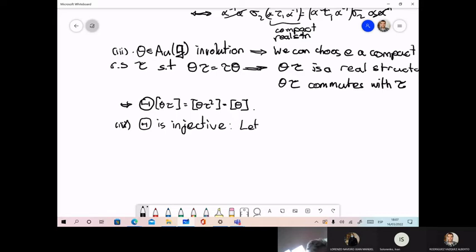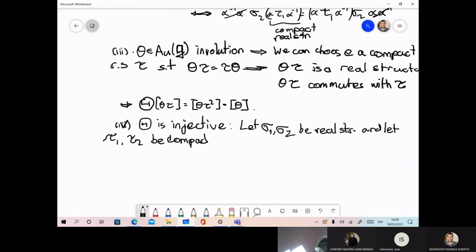So let sigma 1 and sigma 2 be real structures, and let tau 1 and tau 2 be compact real structures commuting with sigma 1 and sigma 2 respectively.